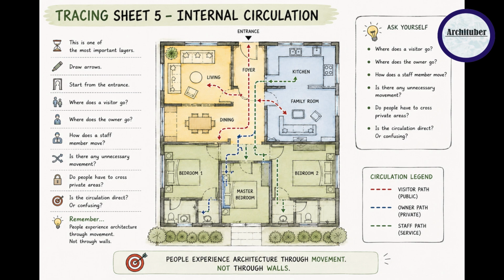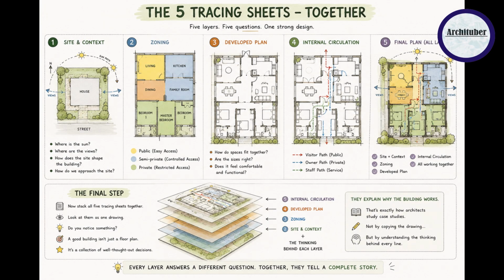Now stack all five sheets together. Okay, look at them as one drawing. Do you notice something? A good building isn't just a floor plan. It's a collection of well thought out decisions. Every layer answers a different question. Like the site answers where, circulation answers how, zoning answers what, and together they explain why the building works.